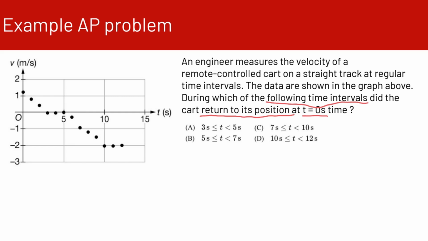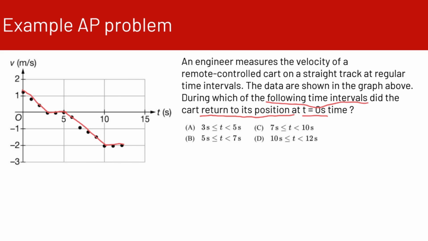So we've got a velocity time graph, but we need to draw a line of best fit here. This line of best fit is something like this, and then it goes here. So we're trying to figure out where the cart returns to its original position, which is somewhere over here, at time equals 0.